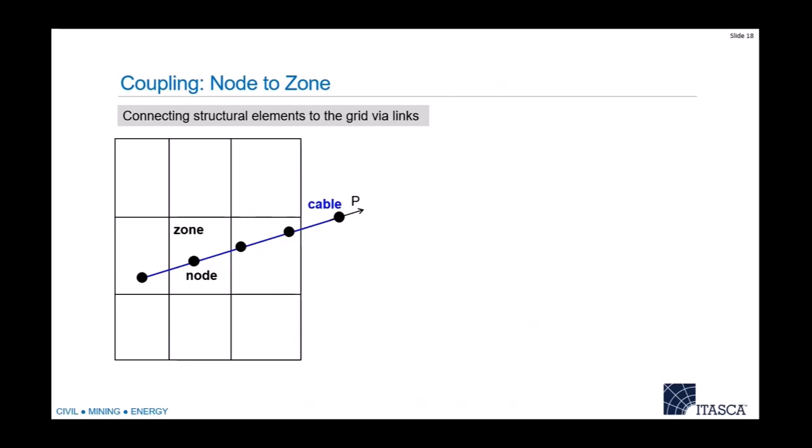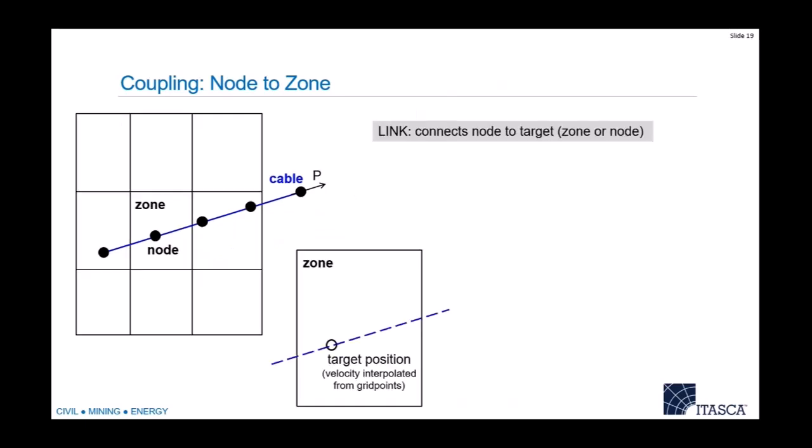But for now, we're going to just focus on how the nodes connect to the zone, or how they connect to the grid. So this is a very simple example. You have a cable going through a grid. Like Ed said over there, it doesn't matter where the cable is, just as long as it's inside the grid.